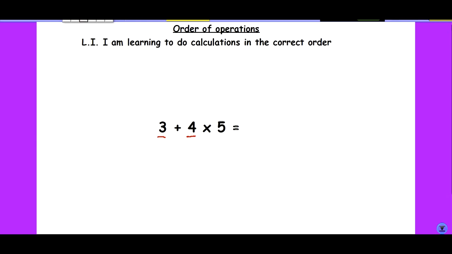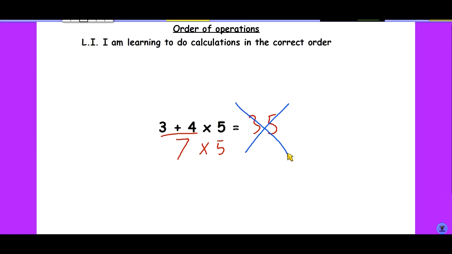And if we do that, we would do 3 plus 4, which is 7. 3 plus 4 is 7, times 5. Well, 7 times 5 is 35. However, if you were to do that, you would be completely wrong. That is not the way that you answer this question.